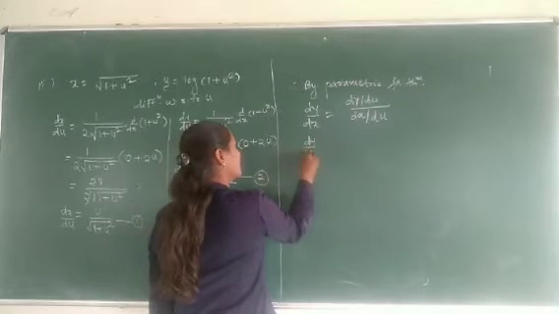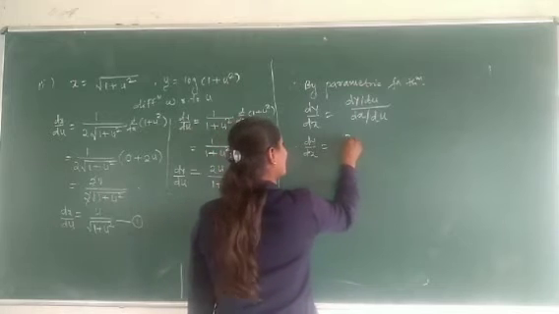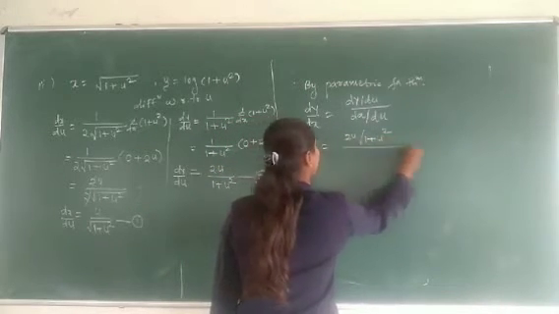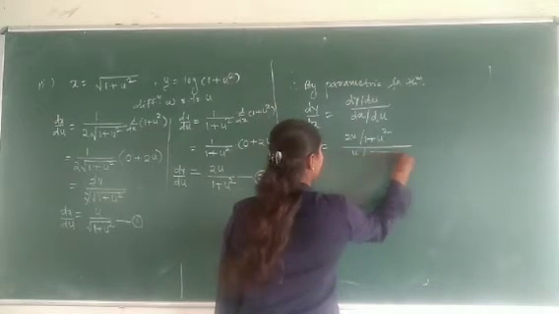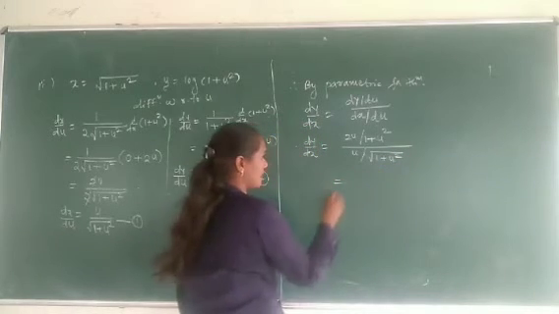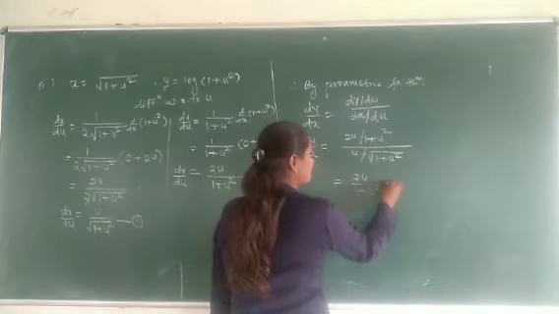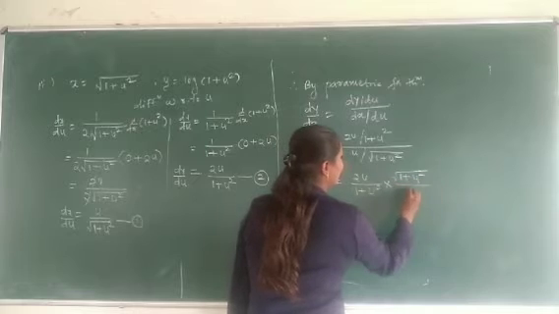Therefore dy upon dx is equal to 2u divided by 1 plus u square upon u divided by root 1 plus u square. So we write this as 2u upon 1 plus u square into root 1 plus u square divided by u.